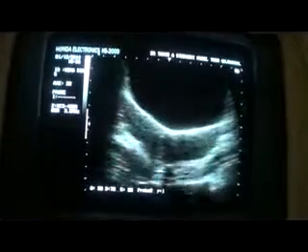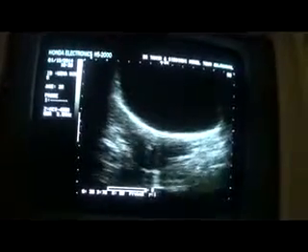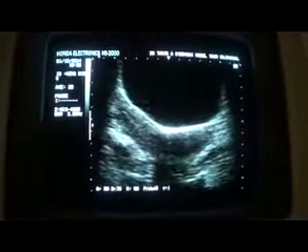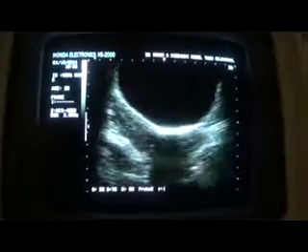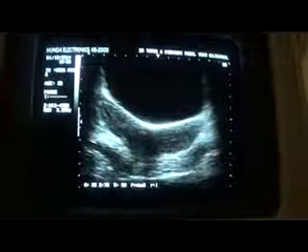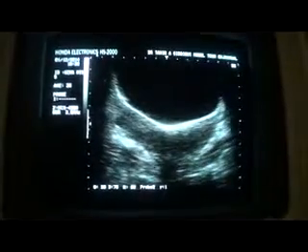So on the right side and left side 2 endometrial canals are seen. How do we differentiate it from septate uterus or uterine didelphys?